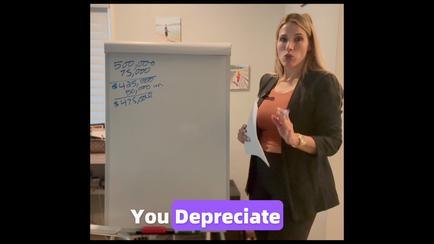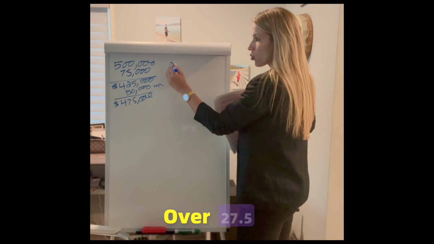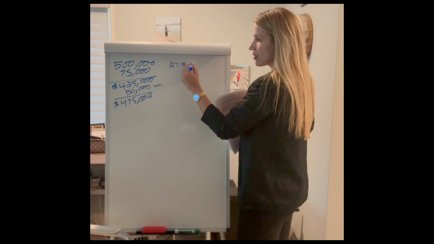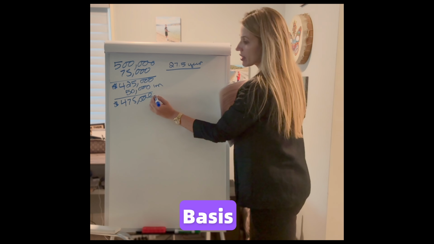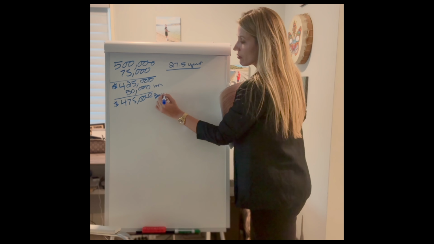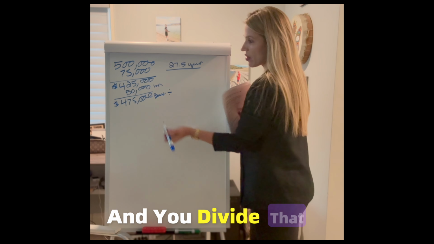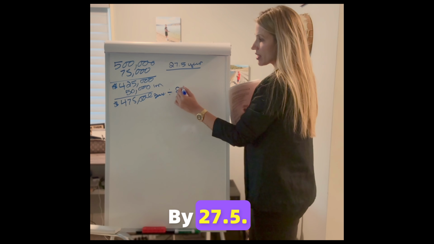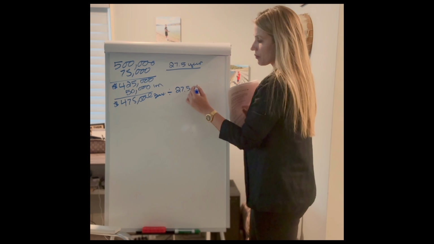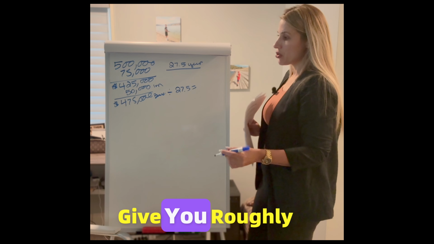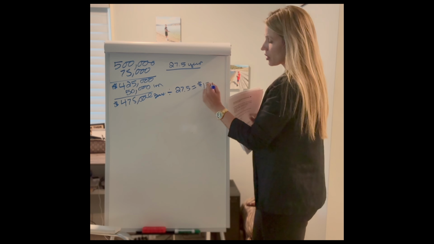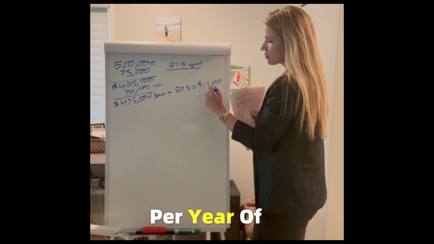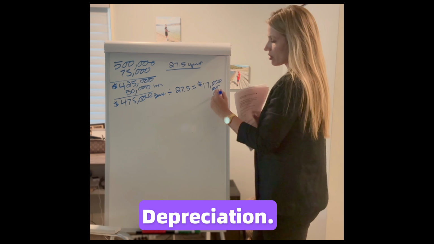You depreciate rental property over 27.5 years. So you take your basis for depreciation and you divide that by 27.5. And that's going to give you roughly about $17,000 per year of depreciation.